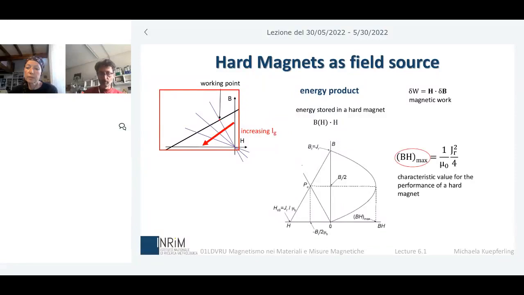Let's give a look. This is the characteristic value, of course, for describing the performance of a hard magnet. And in this ideal magnet, we find it exactly here at B1/2. So this is the maximum value then that you can obtain.